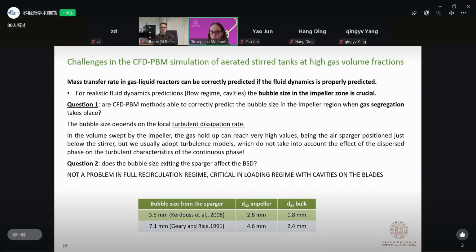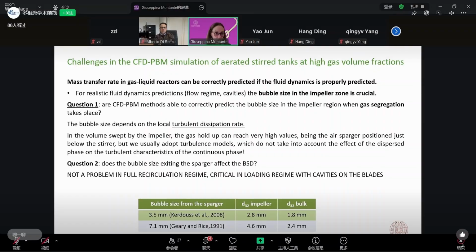When we have these bubbles going out from the sparger, do they affect the bubble size distribution prediction?